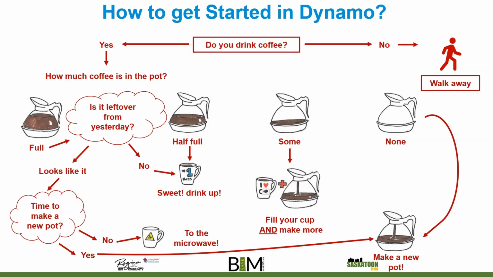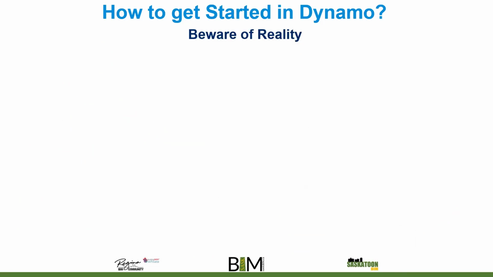But you can see it's a little more complicated than just do you drink coffee, and that every outcome has a possible follow-up outcome or reaction. And so this is the way that we need to think when we're working with Dynamo. Now, the other thing that comes to mind, and if any of you have ever seen an XKCD comic, they're brilliant, is that sometimes we think it's a better solution than it really is.